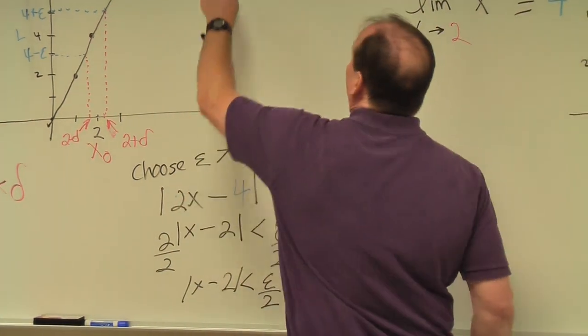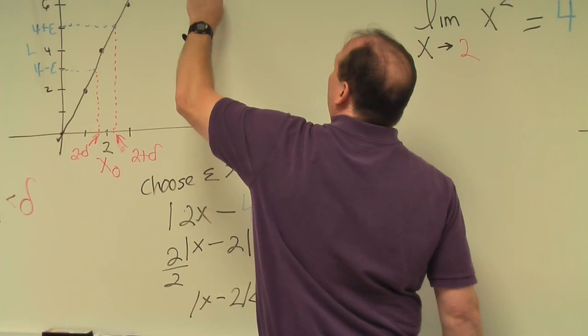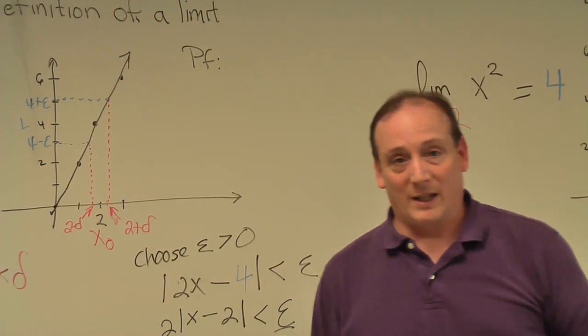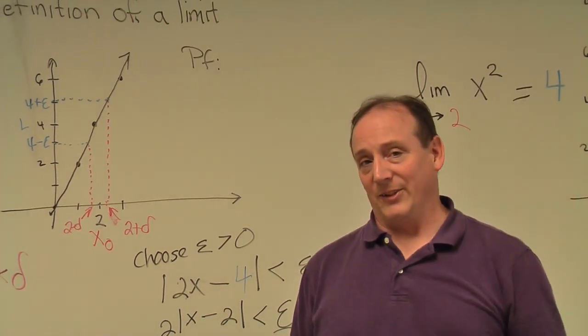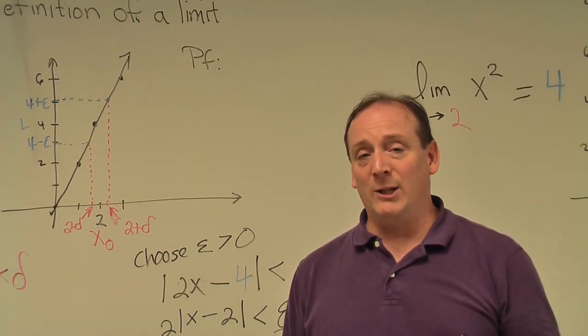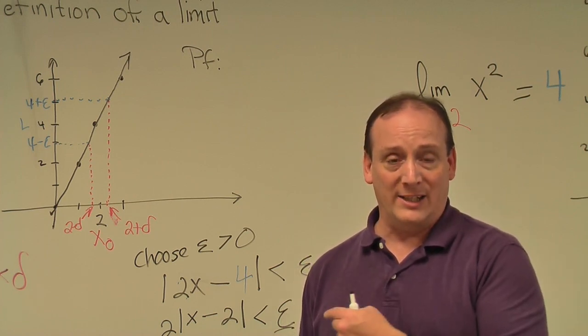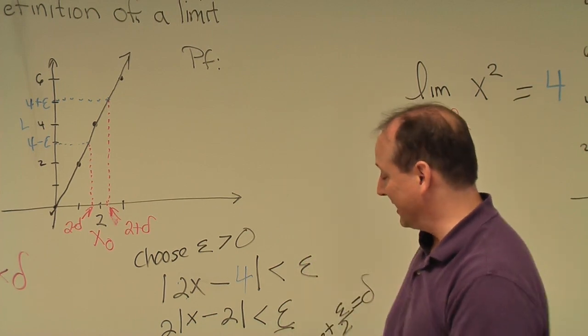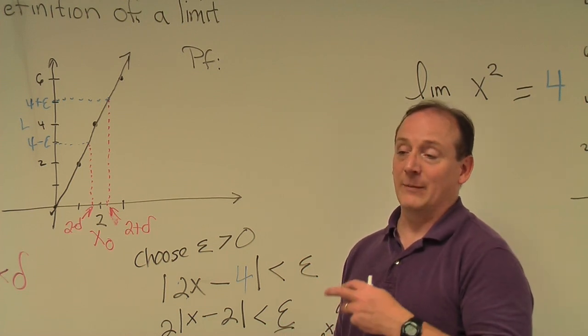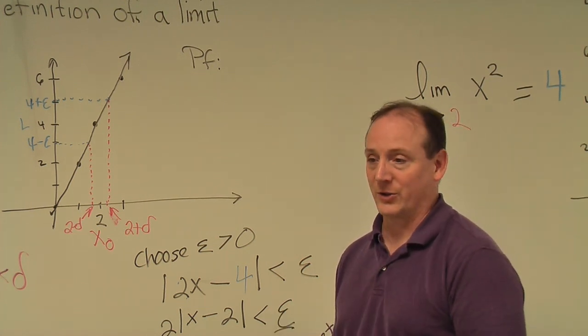So the proof would go like this. I'll write PF up here, short for proof. And the proof goes like this. You let delta equal what you know it needs to be. And that's why we did this work, to figure out what delta needs to be, and then show that it actually works.